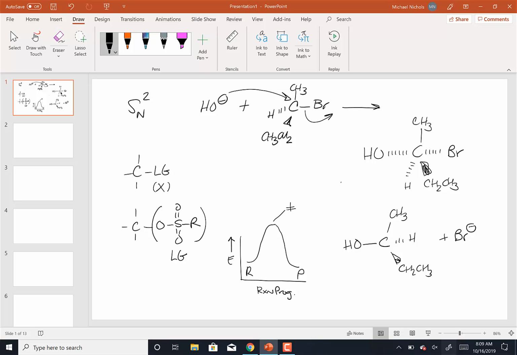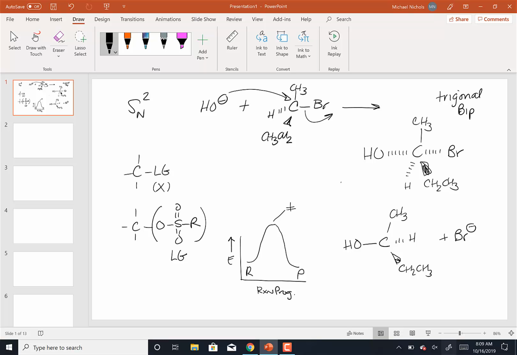So the OH and the Br are 180 degrees away from each other. The CH3, ethyl, and hydrogen are all 120, but this is a trigonal bipyramidal geometry, is what that looks like in an SN2 reaction.